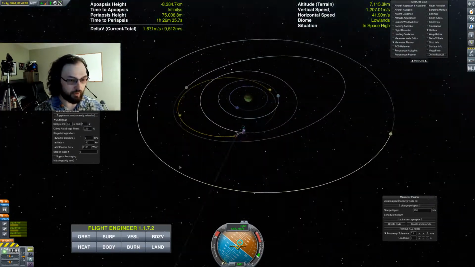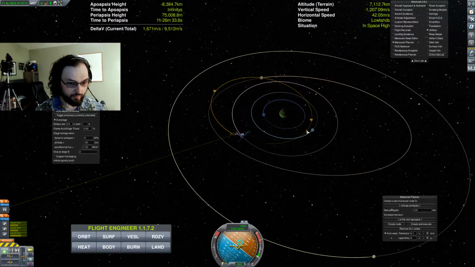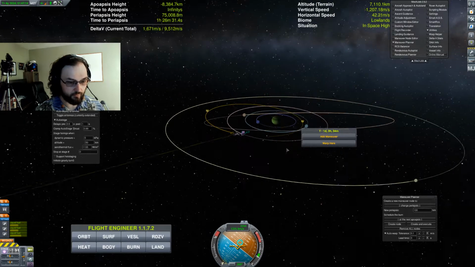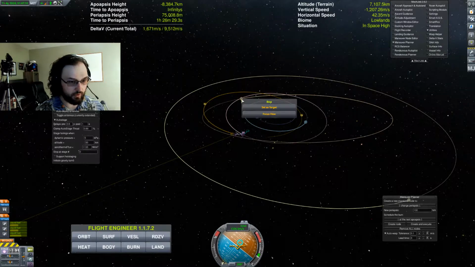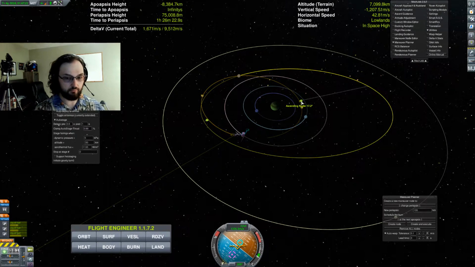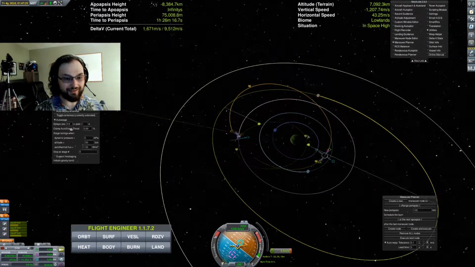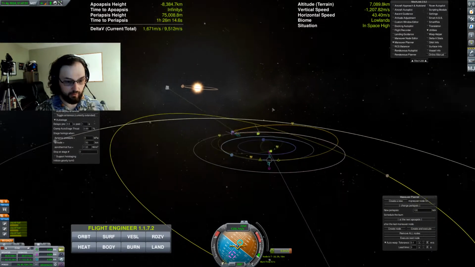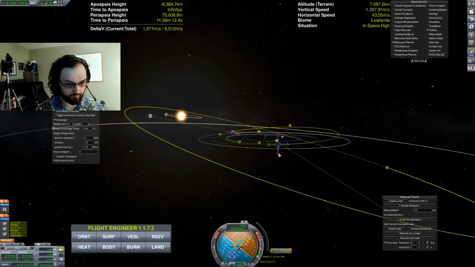Let me show that. If we want to get an encounter with Bop, we would have to go ahead and set it as target. You can see that right now we have a 17-degree inclination difference to Bop, so we would have to create a maneuver node, most easily here at the ascending node.